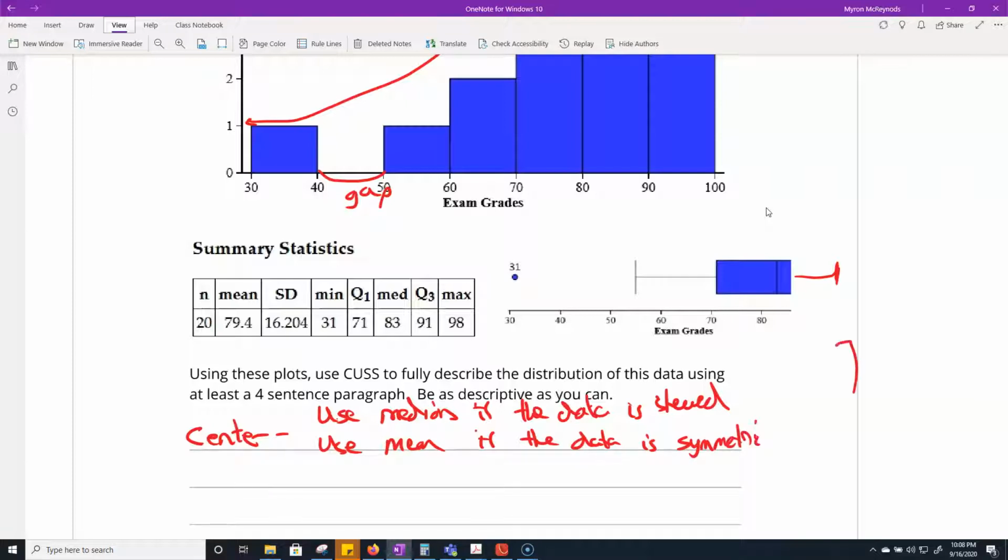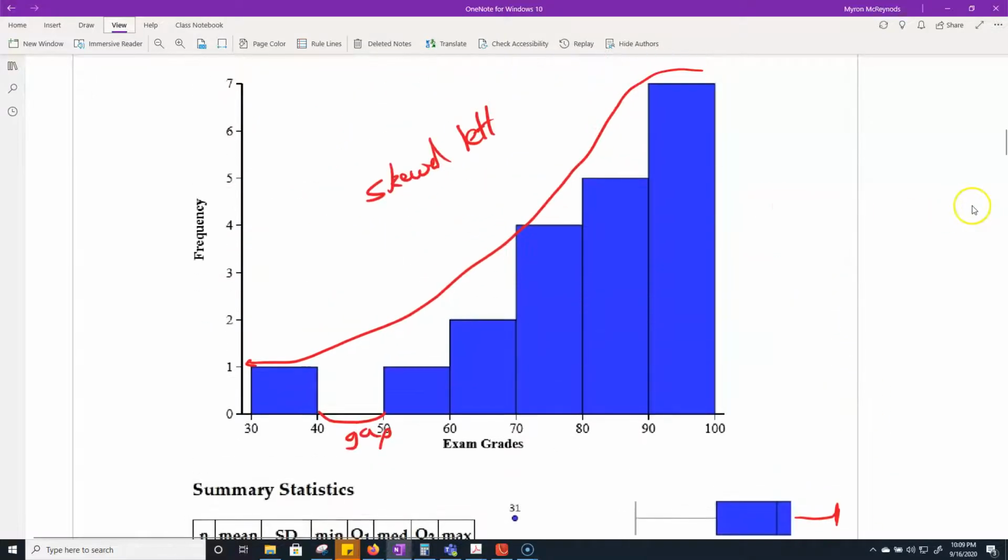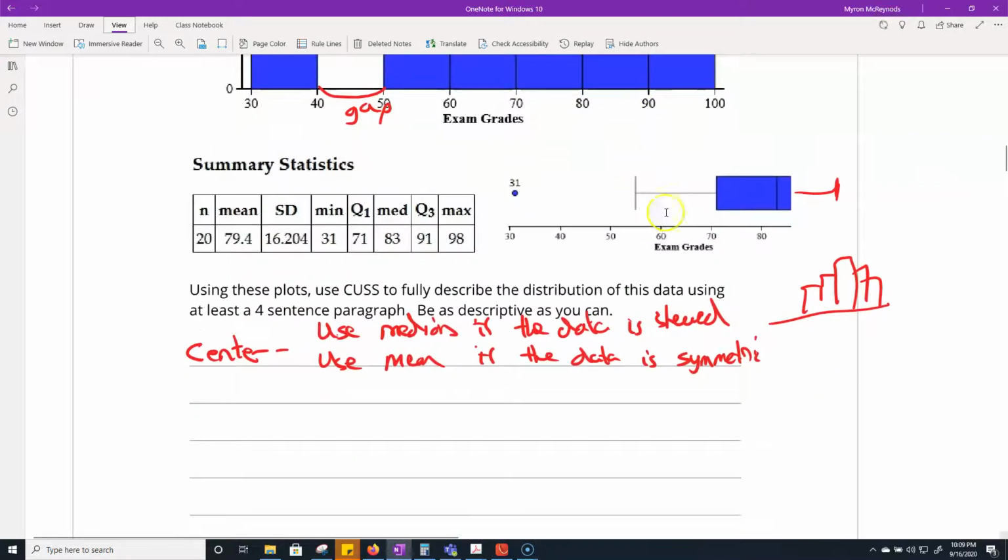You know, if it looks like this right here and it's symmetrical on both sides, you would use mean. But in this instance, this is skewed left. So for center, I'm going to use the median, and the median is 83. So when I write about it, I would say this: the center is 83 based on the median. So that would be what I would say about center.